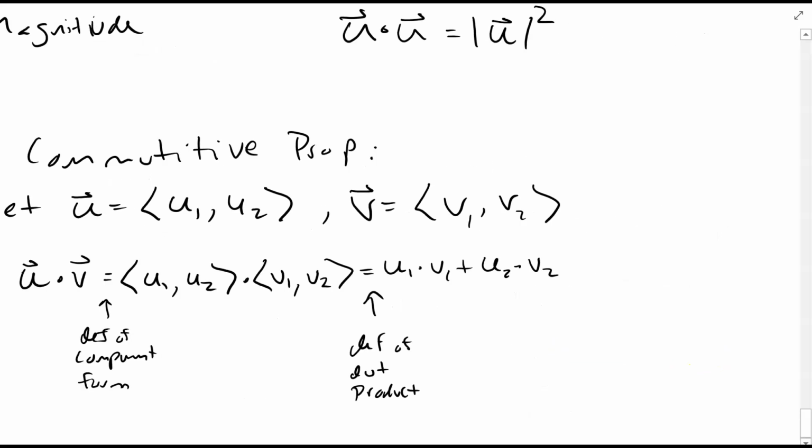Here's the tricky thing. U1 times V1, U1 and V1 are just real numbers, right? So they commute.